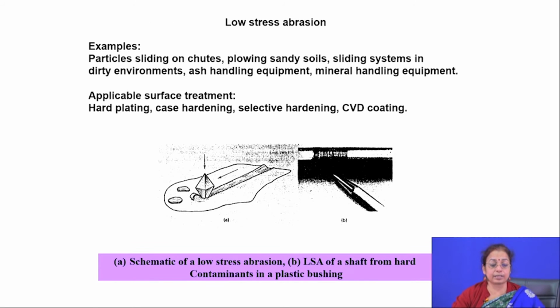Now, coming to the different subcategories, we will try to discuss different sub modes by which the wear proceeds, because as I mentioned, even though there are main 4 different modes by which wear proceeds, you cannot really characterize them by a single category or a single characteristic.